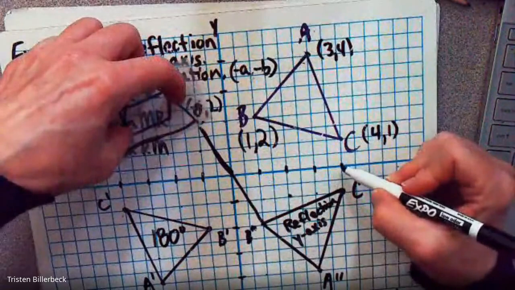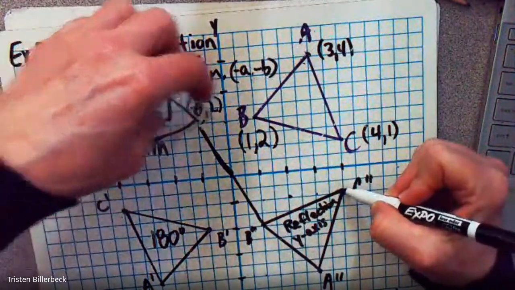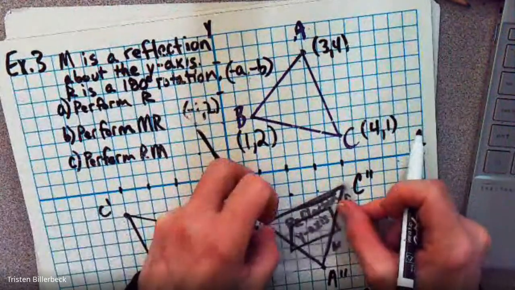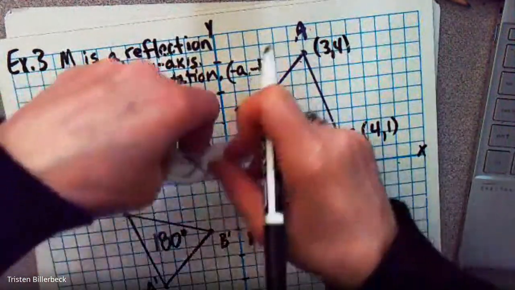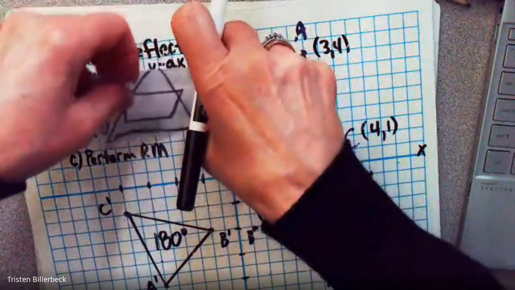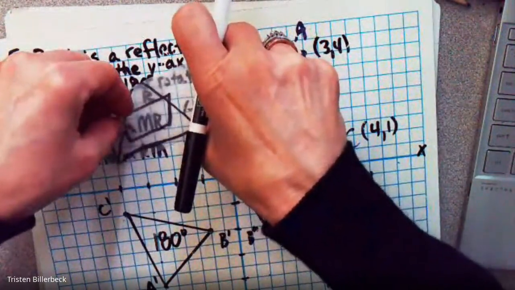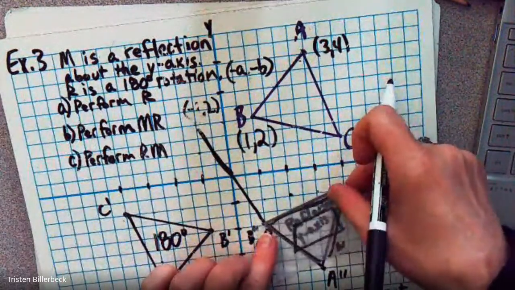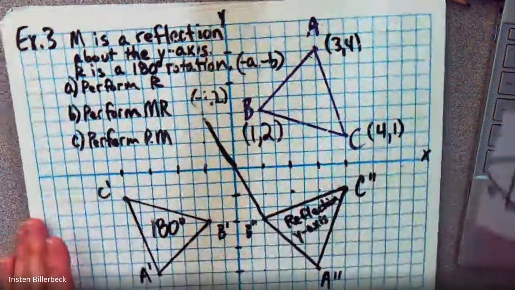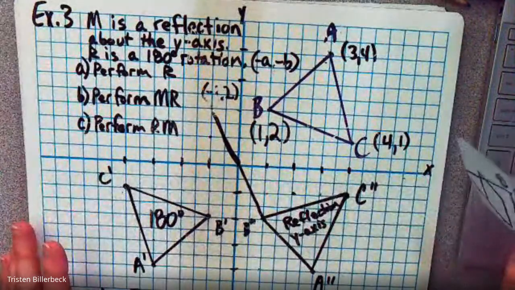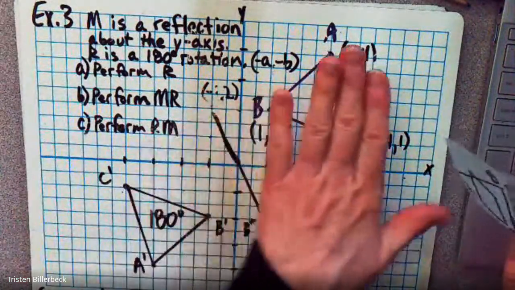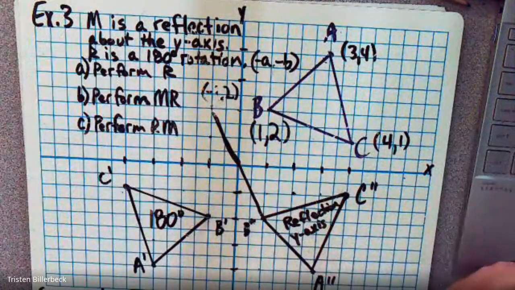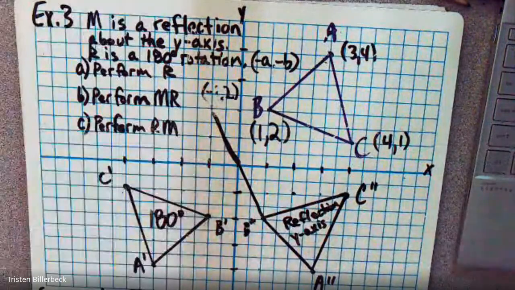Well, maybe it is. It shouldn't be in the same spot, because you shouldn't be able to do the transformations in reverse, but sometimes it does end up in the same spot, which is a very unusual situation. So we reflect around the y-axis and then rotate around here, and we have the same figure.